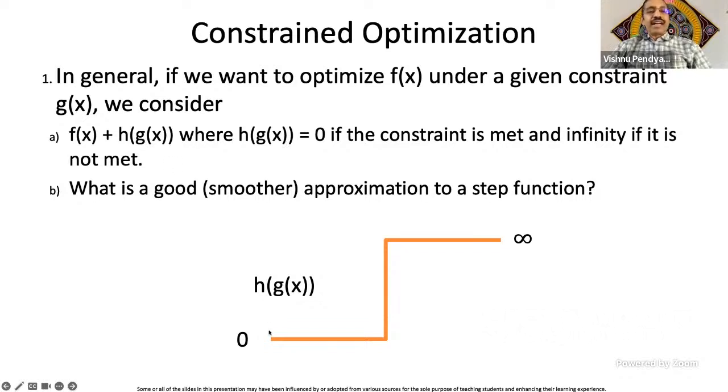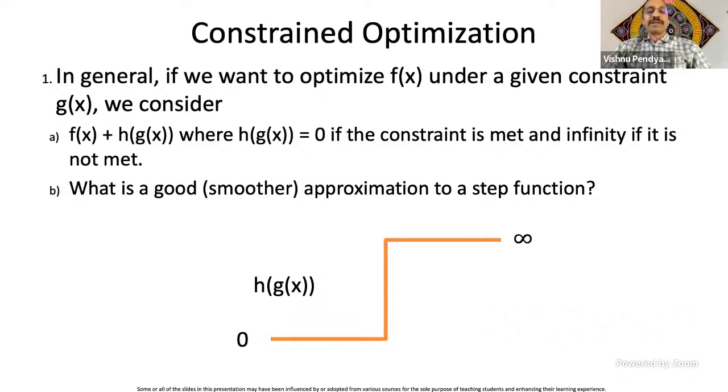So if you look at it, h of g of x is a step function. When g of x is met, it is 0. And when g of x is not met, it is infinity. So it's like a step function. But step functions are not easy to handle, particularly in calculus, right? So you want a smoother interpretation.